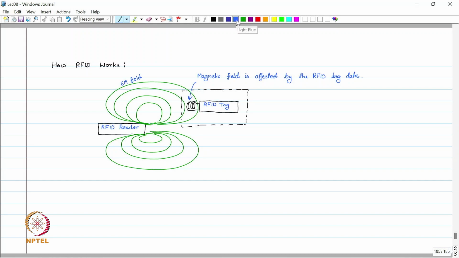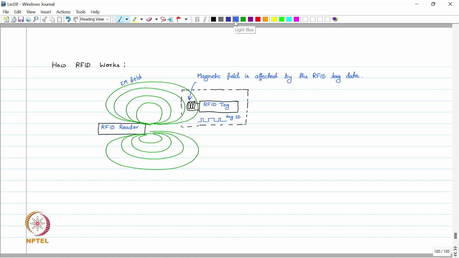And this RFID tag has a particular digital number stored, which can be in the form of a binary tag. So this tag ID is a unique number given to this RFID tag, and when we place this RFID tag in the electromagnetic field, this magnetic field is affected by this tag ID or the data stored on this RFID tag.